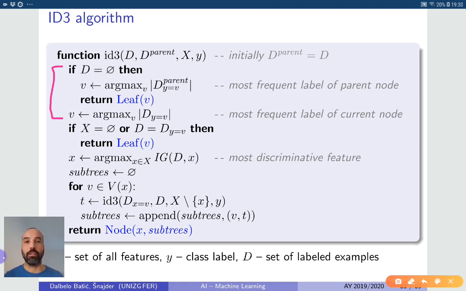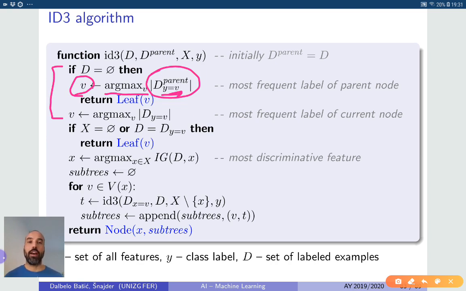most frequent label of the parent node, which I'm computing here. The V here is the label that maximizes the number of examples that are labeled with V in the data set corresponding to the parent node, right?